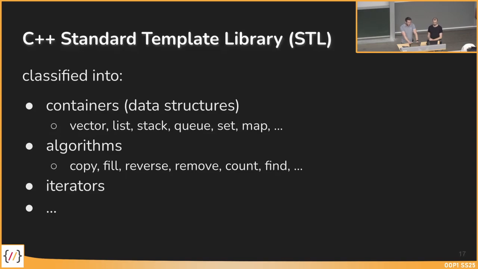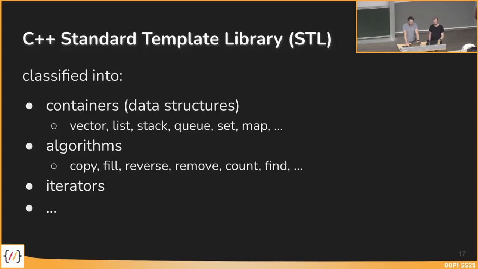Some algorithms, they can be used throughout different containers. So algorithms, basic standard algorithms implemented in this library, and also iterators to go through the elements within the container. So if we have a vector, we want to go through all the elements in the vector, and we can do this with iterators.